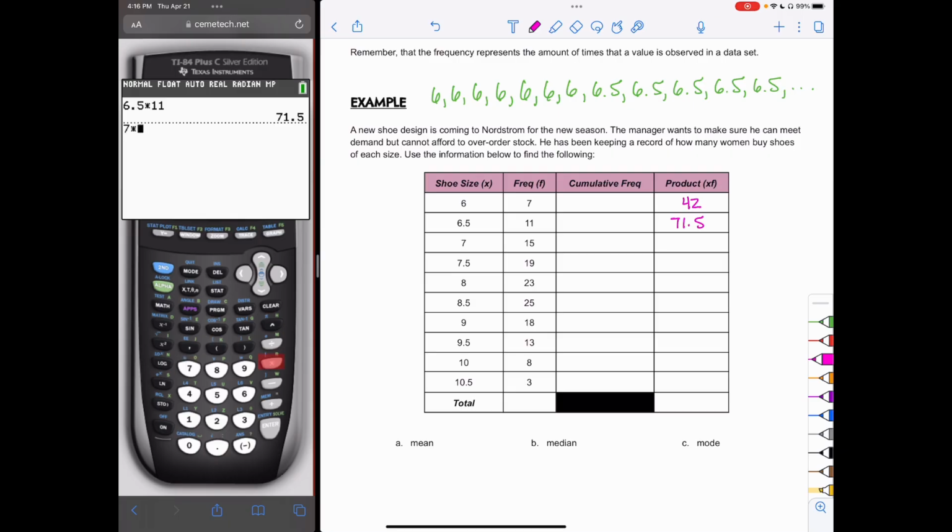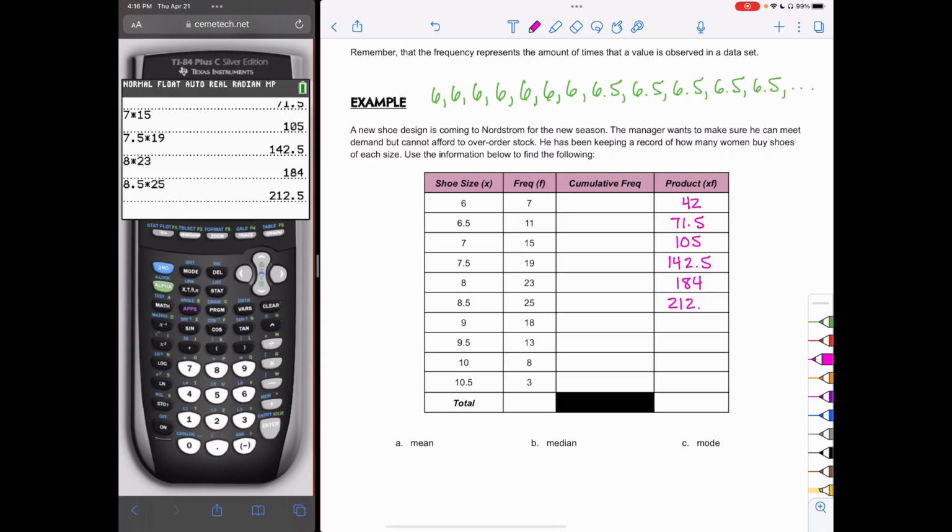71.5. 7 times 15 is going to give me 105. 7.5 times 19 is going to give me 142.5. 8 times 23 is going to give me 184. 8.5 times 25 is going to give me 212.5. 9 times 18 is going to give me 162. 9.5 times 13 is going to give me 123.5. 10 times 8 is going to give me 80.